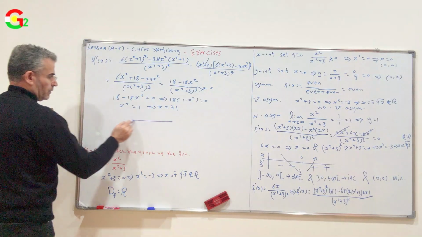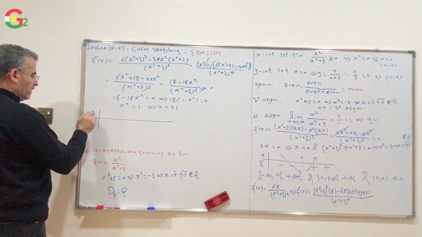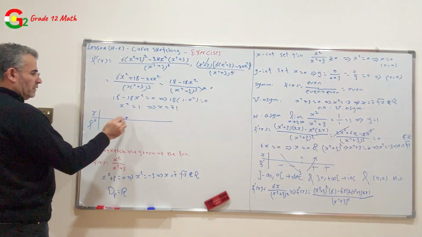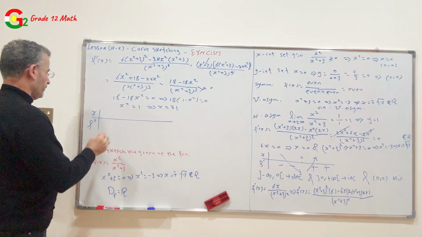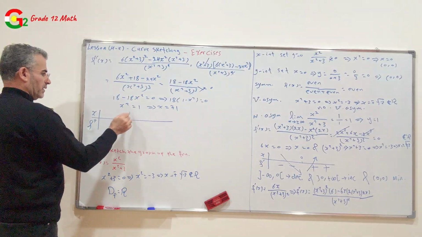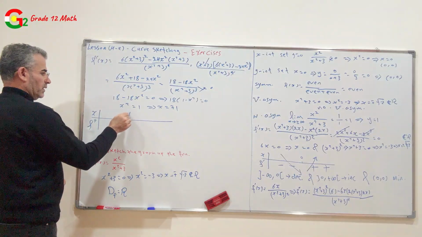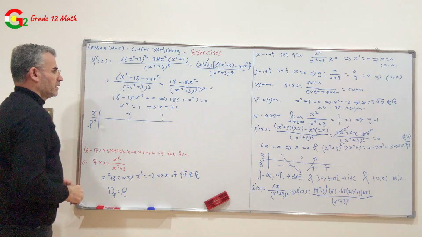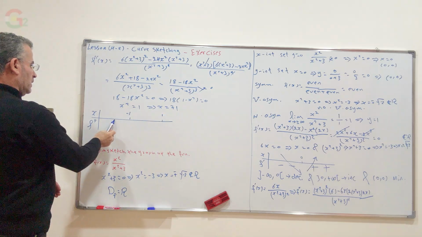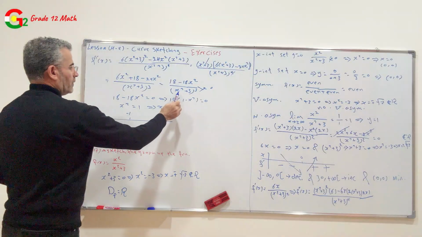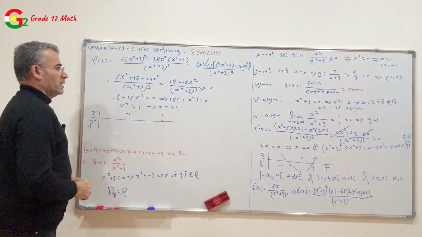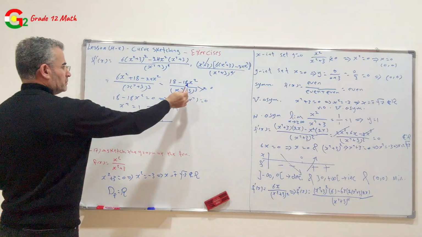Find the interval of concavity of this function. Find the sign of the double prime before and after the critical points, negative 1 and 1. Before negative 1, take negative 2. Here, the denominator is always positive.